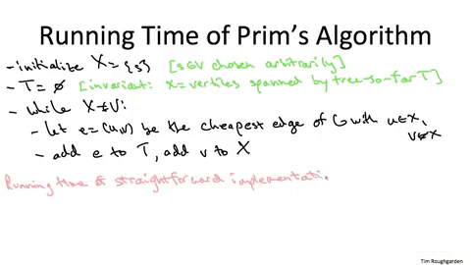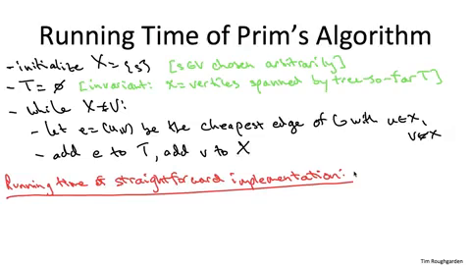So suppose we just literally implemented this algorithm as is. What would be the running time? Well, the initialization step takes only constant time, so let's ignore that. So then we just have this one loop. So let's just ask how many iterations does the loop take, and how much time is needed to execute each iteration. Well, the number of loop iterations is going to be exactly n minus 1, where n is the number of vertices.